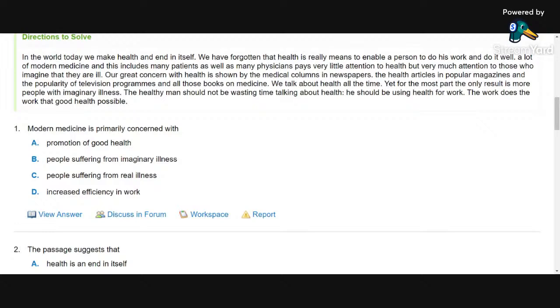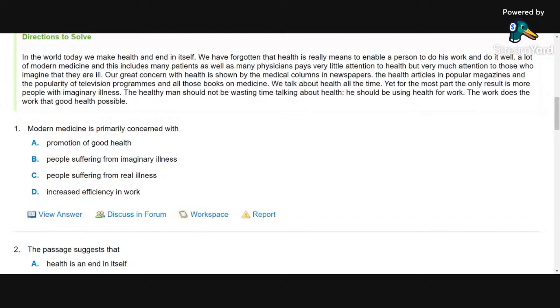So let's start with the first question. Modern medicine is primarily concerned with, what do you think is the answer? Is it option B, guys?